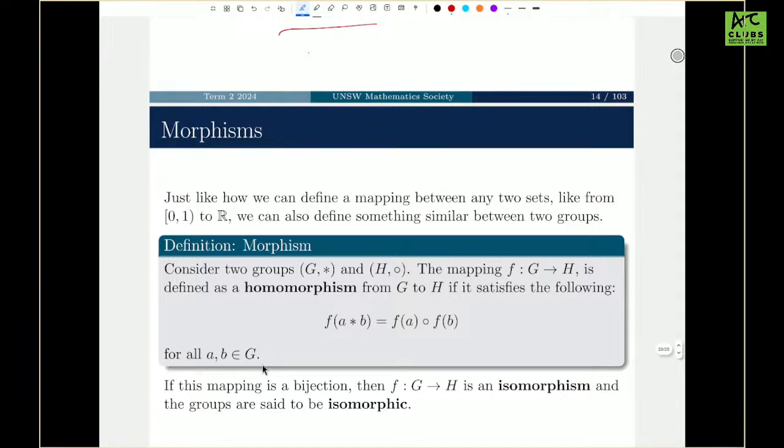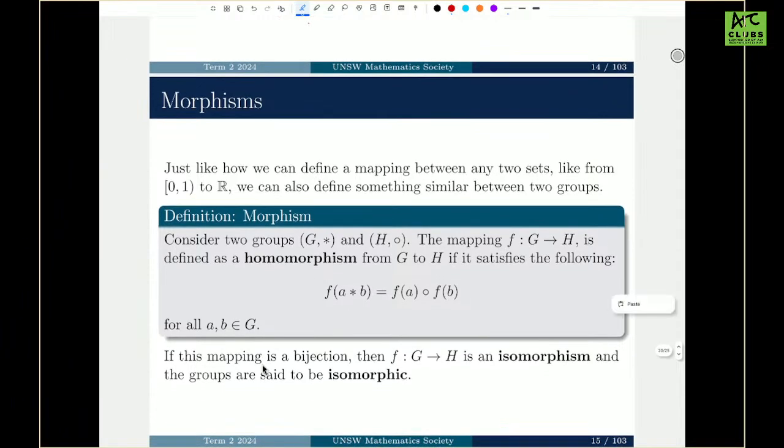Okay, so we can have a mapping between two sets, just like you might have a function between two sets. We call the mapping a homomorphism if it maps from a group G to a group H and it satisfies this for anything in its domain.